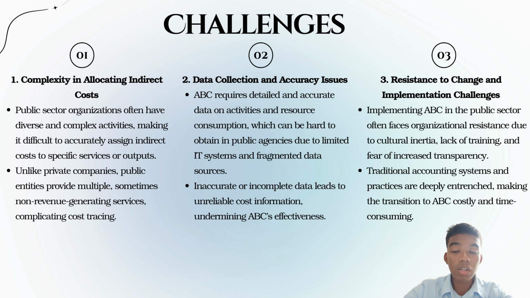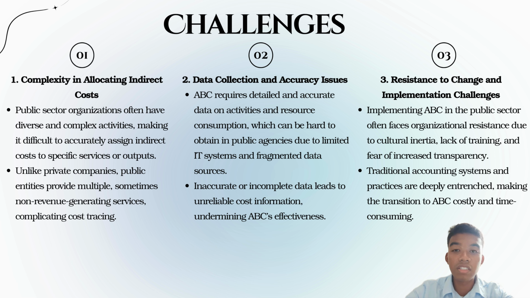This means that collecting precise and comprehensive data can be difficult, time-consuming, and expensive. When data is incomplete or inaccurate, the resulting cost information may be unreliable, which undermines the very purpose of implementing ABC.